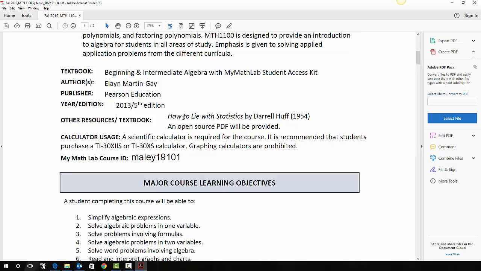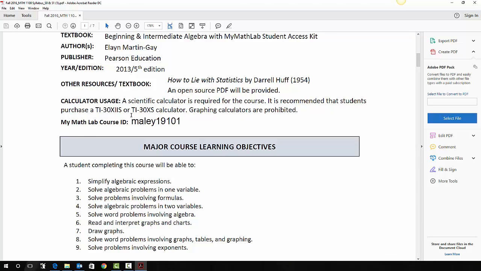Another resource that you're going to need in this class is How to Lie with Statistics by Darrell Huff. This is a book that was published in 1954, so it's considered open source now. It's not copyrighted, so I'll post that link in Canvas. And then some information about calculator usage.